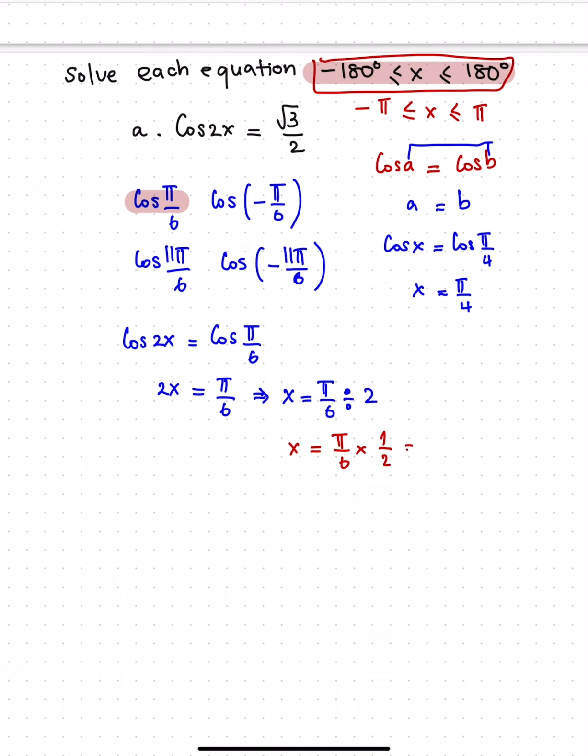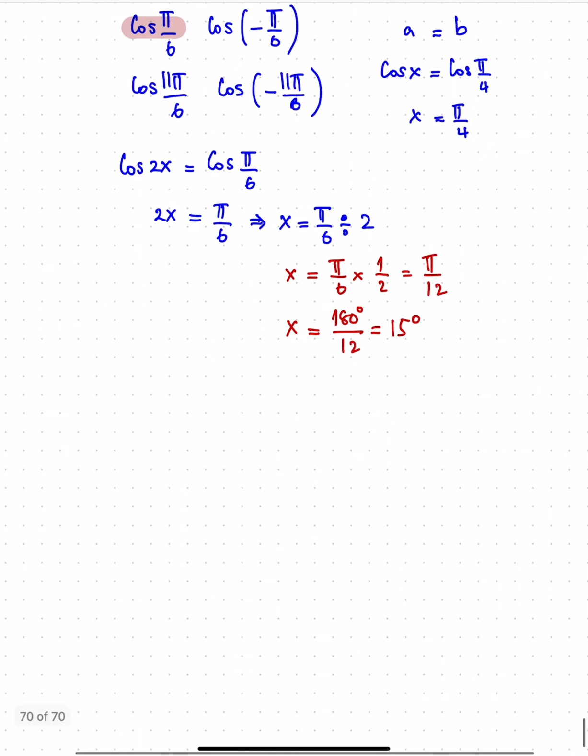So that will be pi over 12. But what they want is in degrees, so that equals 180 degrees divided by 12, which is 15 degrees.